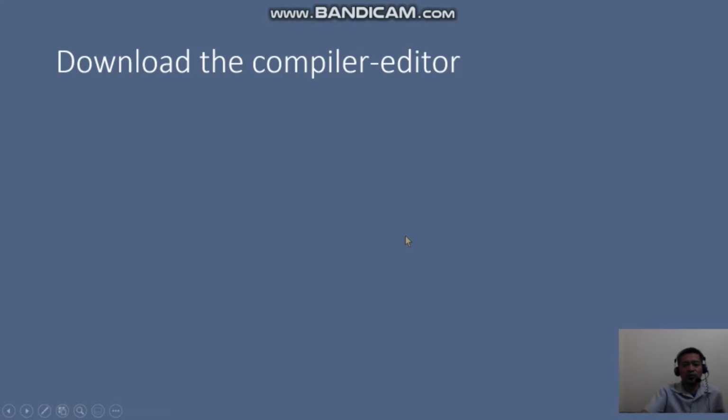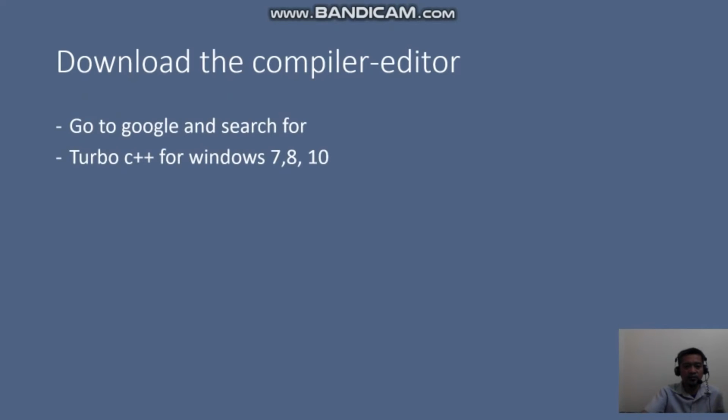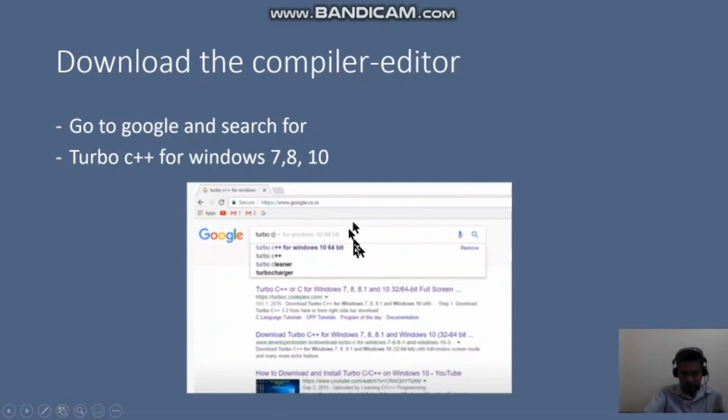So how do you download the compiler, editor, or the IDE? Just go to Google and search for Turbo C++ for Windows 7, 8, or 10. For example, go to google.com and type Turbo C++ or Turbo C for Windows 10.